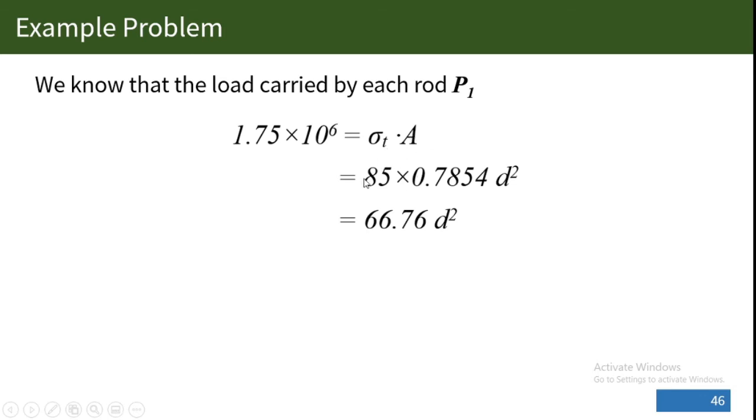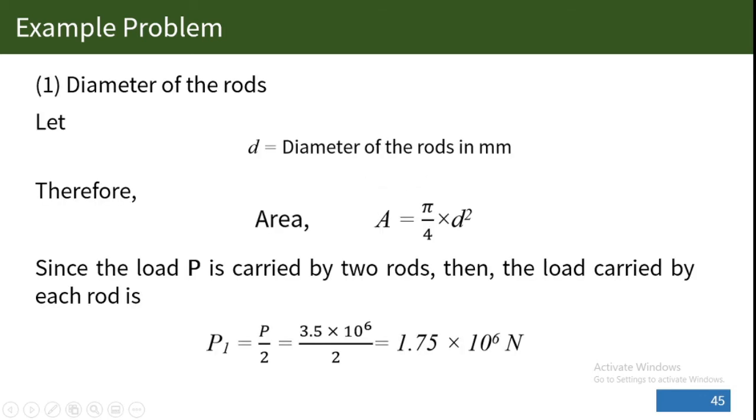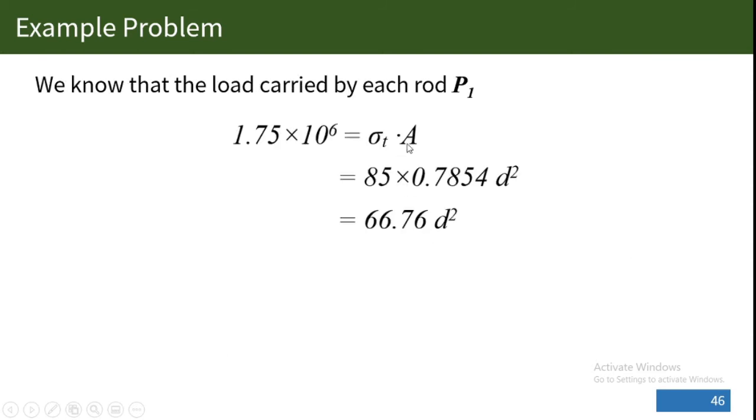So we divide pi over 4, this is 0.7854 d squared, right? Please follow this by computing on your own right now, using your pen and paper.